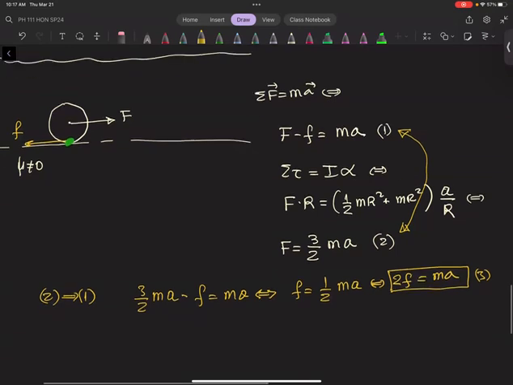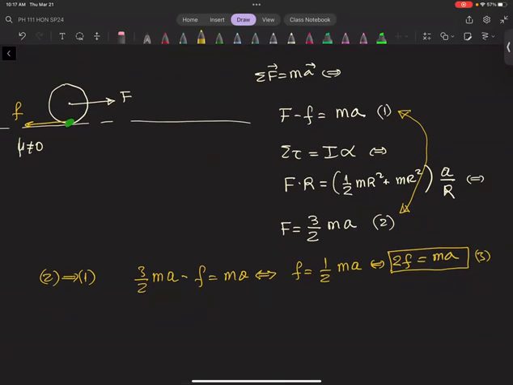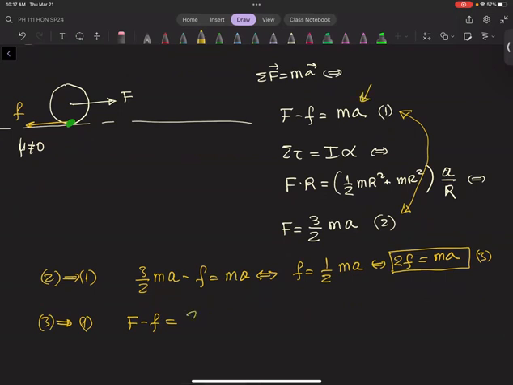Then I'm going to take again equation 3 and put it back in equation 1. Sigma of F equals ma. And what do I have? I got force minus friction equals, instead of ma, now I have 2 friction, which means force must be equal to 3 times the friction. Or you can say that, of course, force is just 3 times mu mg.